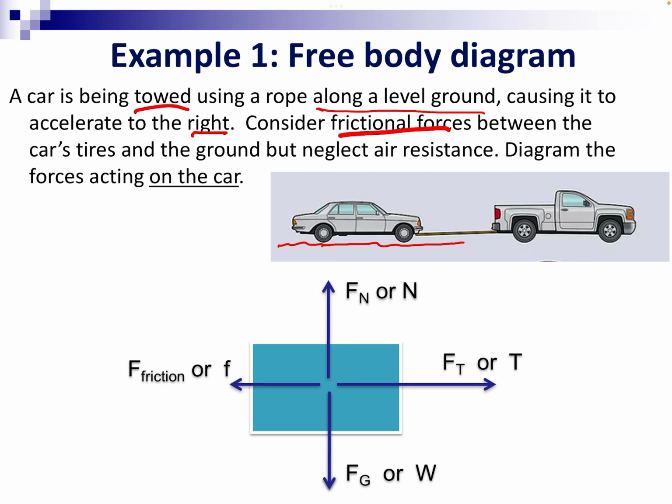Right, so this is the free body diagram for the car. We just consider the car independent of its surroundings, and you just draw the forces acting on the car, which is the object of interest. Notice how each of the arrows is labeled with a kind of force.